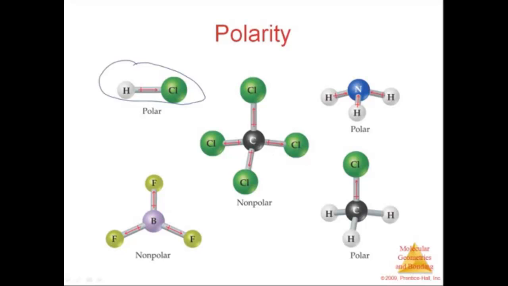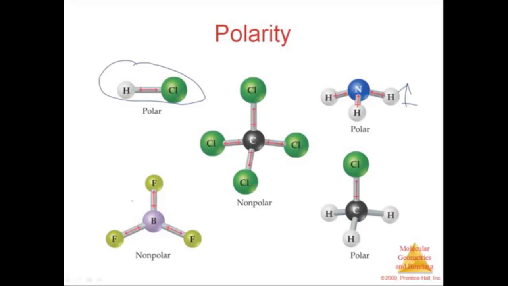It becomes nonpolar. Here I also have polar bonds, in this case with the nitrogen being the most electronegative. But this is a polar molecule because if I add these dipoles together, the dipole faces that direction.